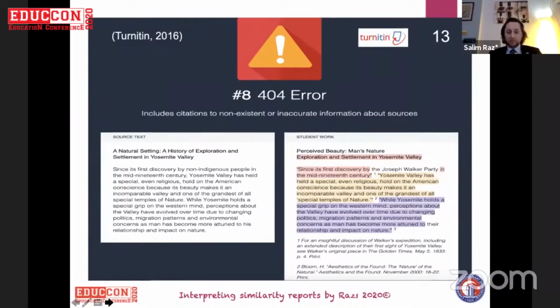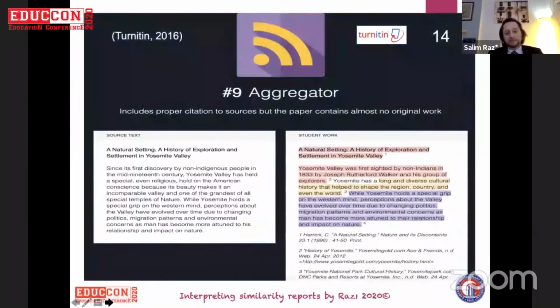Therefore, although we see use of quotation marks, and we see in-text citations, they are attributed to the original text. Once we check the reference entries, we understand that it is not possible to track these sources. If we cannot track it, then it means that there is something wrong. And if the student is doing this on purpose, then again, it's going to be considered as plagiarism.